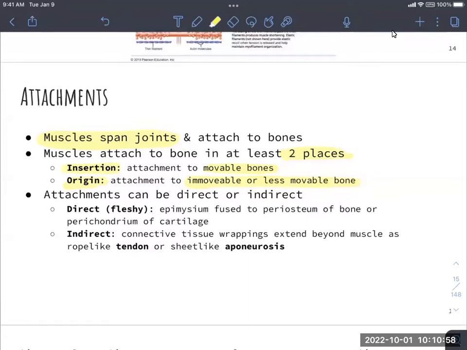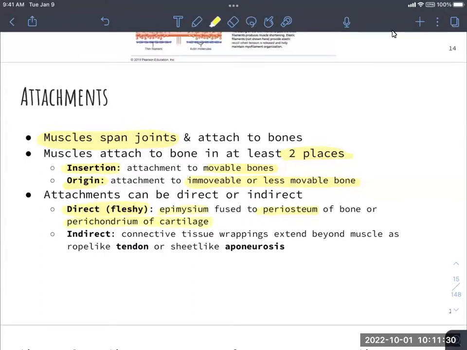And as we've talked about, attachments can be direct or indirect. If they are a direct attachment, the epimysium, that outer layer of the muscle, that dense irregular connective tissue, attaches to the periosteum of bone or the perichondrium of cartilage.